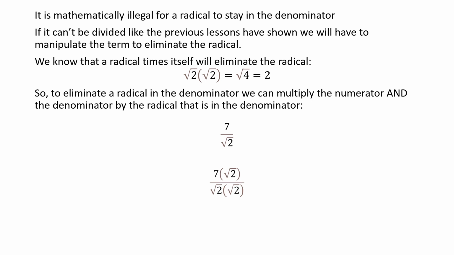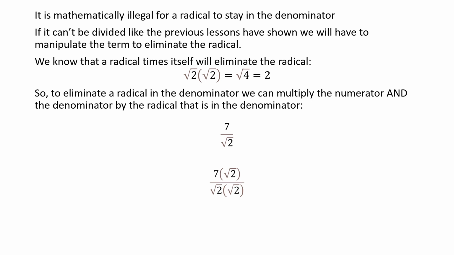However, the fraction rule: whatever you do to the bottom, in order to keep things balanced, you have to do the same thing to the top. So we're going to multiply the bottom by itself to eliminate the radical so that we can follow the mathematical rule that you can't have a radical in the bottom.